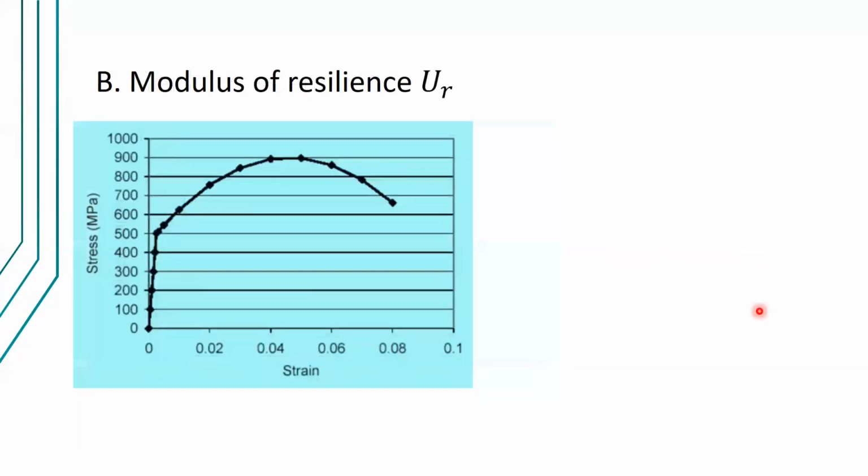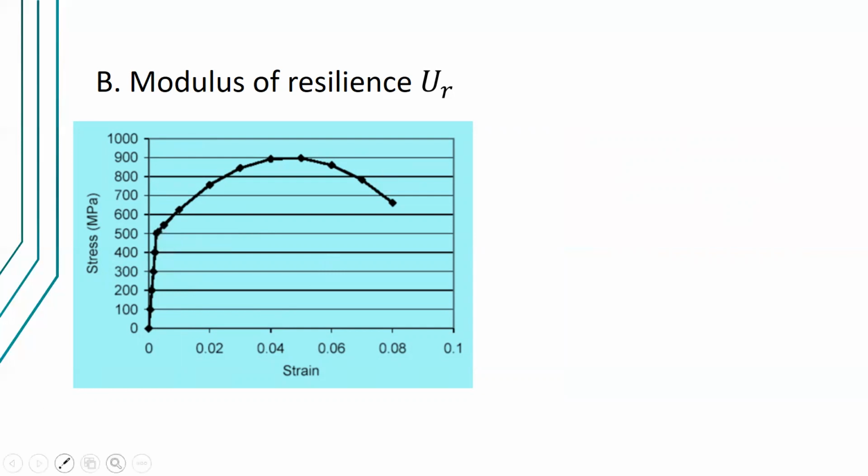How about the modulus of resilience? The modulus of resilience should give you a unit for energy, and megapascal is a unit of energy per unit volume. And we know that the modulus of resilience is this area under the curve. Imagine this as a straight line up to this yield point. The area it covers is quite small compared to the area of the whole region.